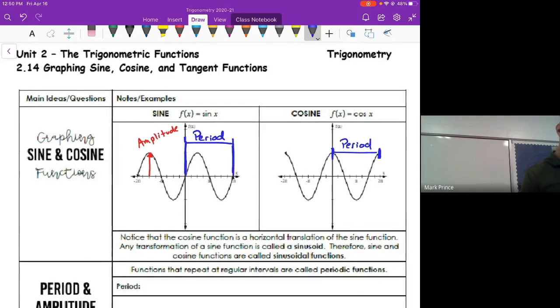And then our amplitude, I'll draw off to the side here, is right from the origin line or x-axis to the top. Visually speaking, that's what those two things are. Amplitude is half the whole dip. And our period is when does it repeat?